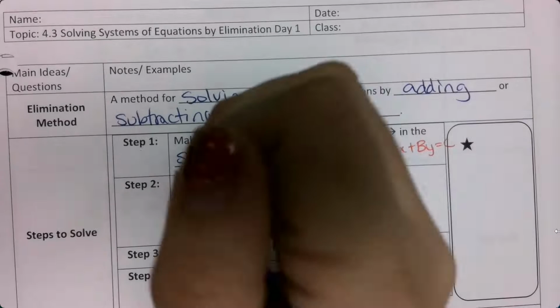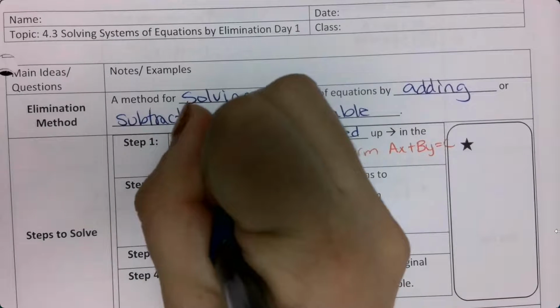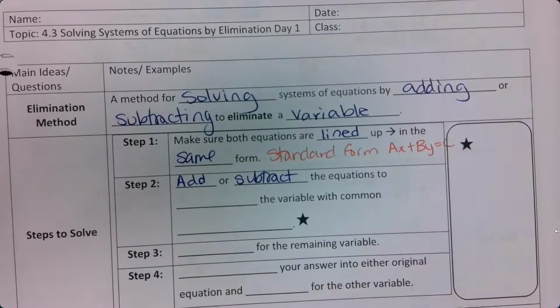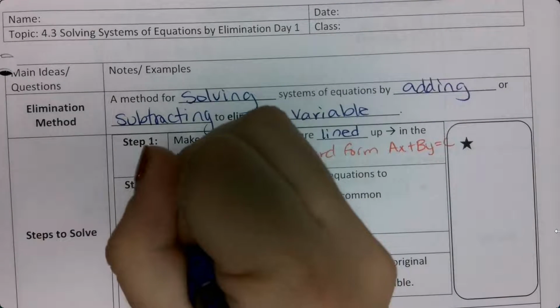Okay, then I'm going to add or subtract my equations to eliminate the variable with the common coefficients.